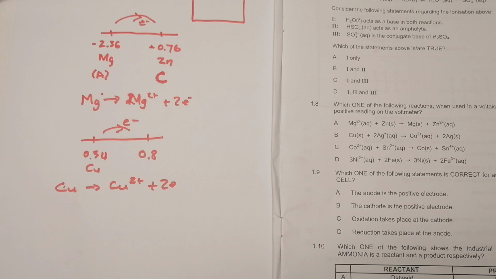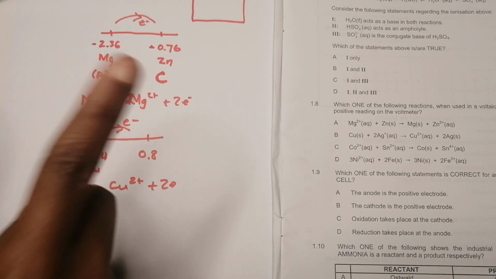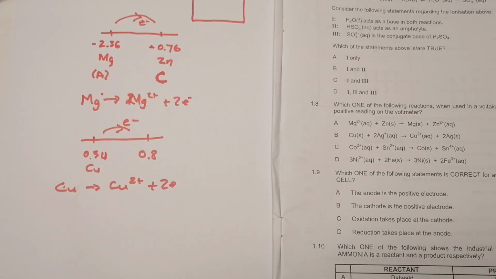As a result, the anode is negative for the galvanic cell. However, for the electrolytic cell, it's the other way around. The anode is positive and the cathode is negative. That's where reduction takes place.